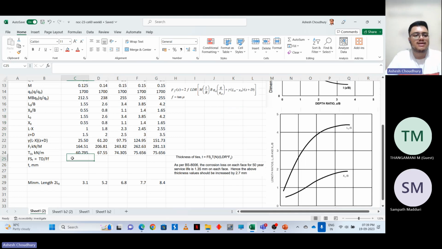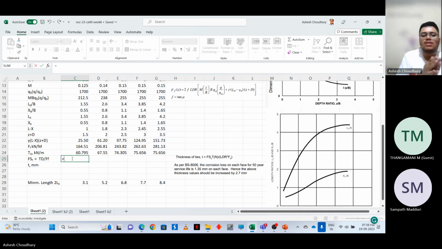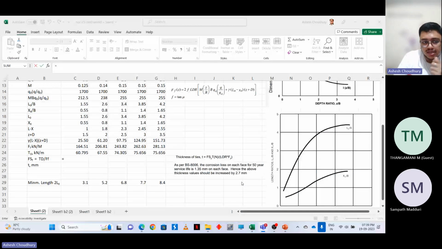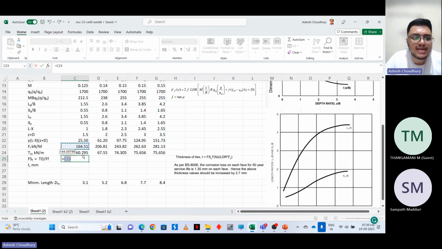So what is this factor of safety? What was the target? Our target was that the force on the reinforcement should always be lesser than the pull out resistance, right? The pull out resistance should always be higher than the force or the load that is coming on each reinforcement.